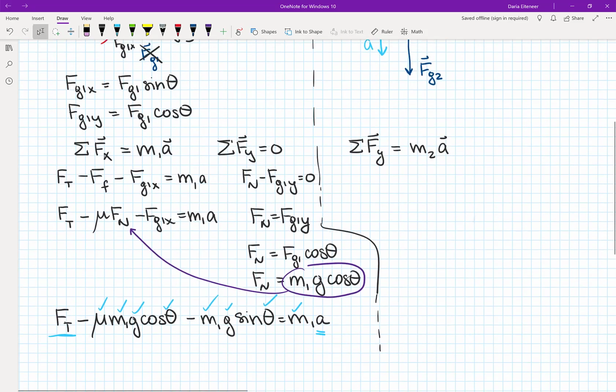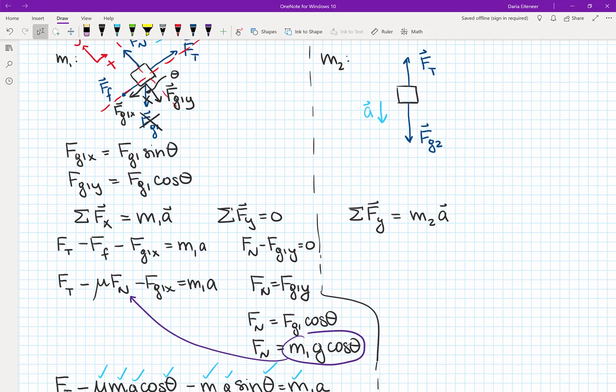I'm now going to go to the second object, and this is also something that we already discussed. I want to make the positive direction in the direction of acceleration. So this equation will turn into Fg2 minus Ft, which is equal to m2a.